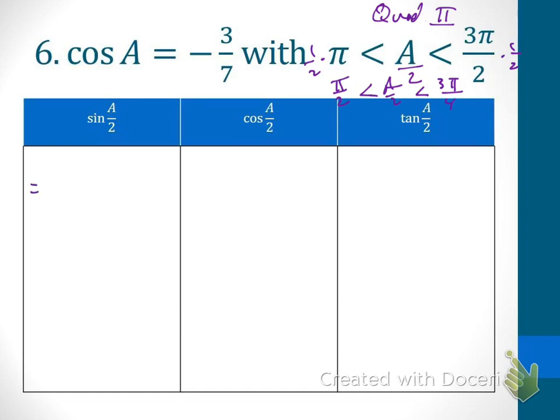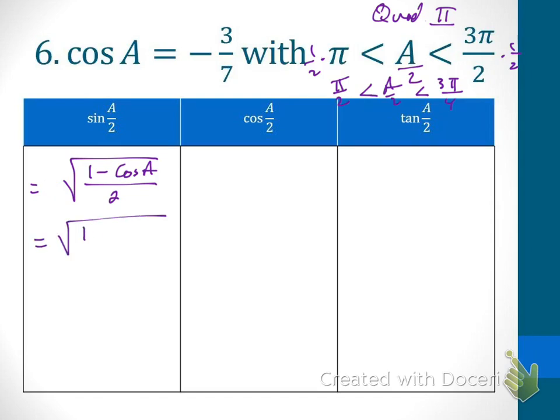All right. So we've got the cosine of the angle. To find the sine of the half angle, we go plus or minus square root of 1 minus cosine of A all over 2. Well, in quadrant 2, sine is positive, so we can just drop the plus or minus.